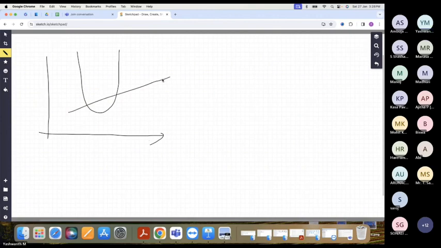You draw a straight line, and this line should be above the function between these two points, x1 and x2.